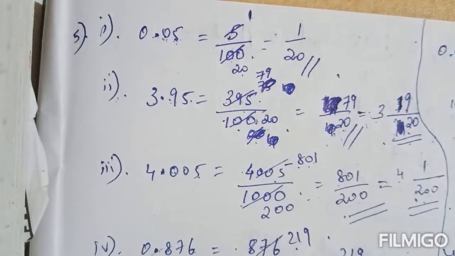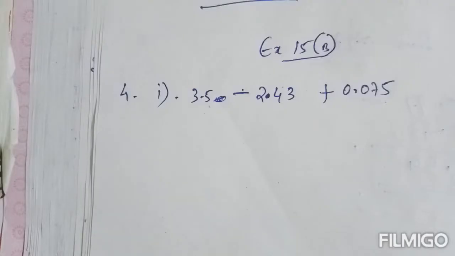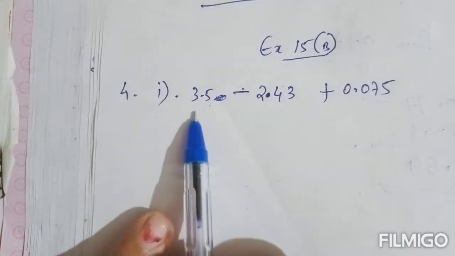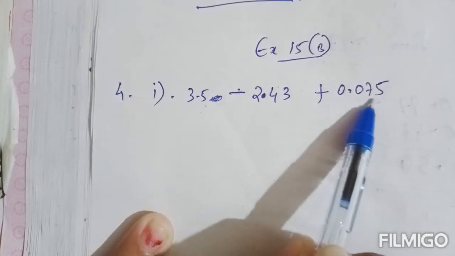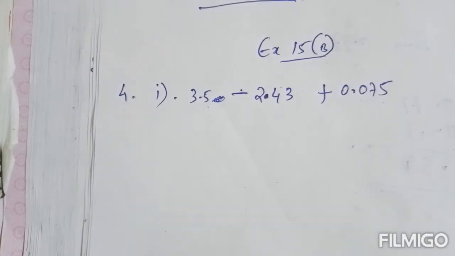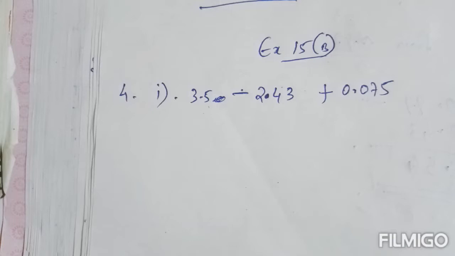Now exercise 15B, fourth question, simplify. In that, the first one: 3.5 minus 2.43 plus 0.075. We know that in order to add decimal fractions, all the decimal numbers should have the same number of decimal places.